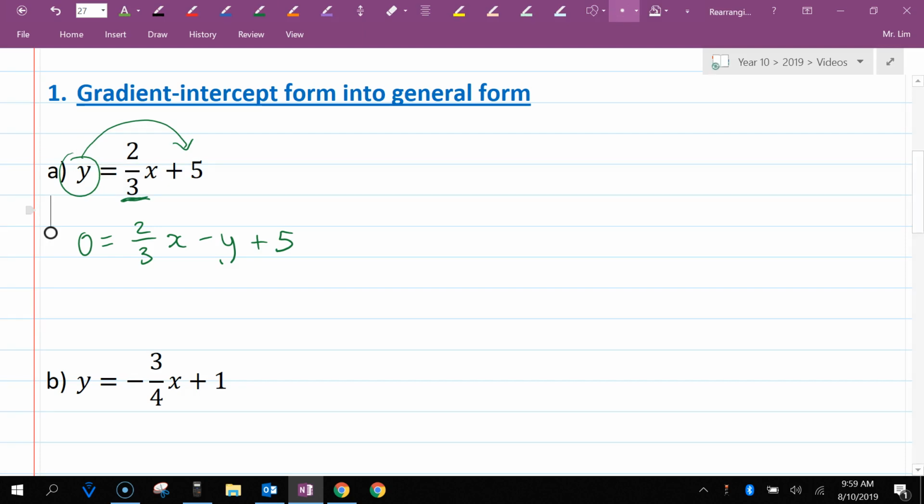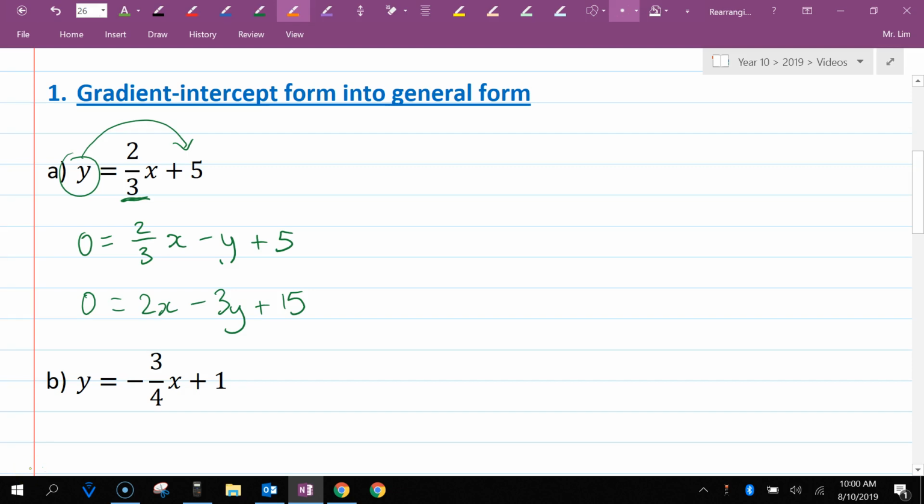We've got the equal 0, we've got a positive x, but we need to have no fractions at all. Here we've got a fraction over 3, so we need to multiply every single term by 3. 0 times 3 is 0. 2 over 3 times 3 is 2. Minus y times 3 is minus 3y. 5 times 3 is 15. And now we are done.